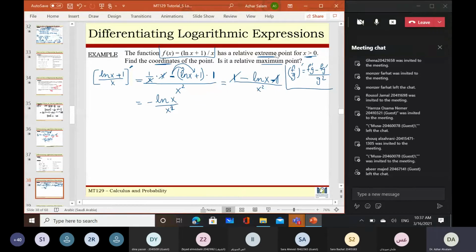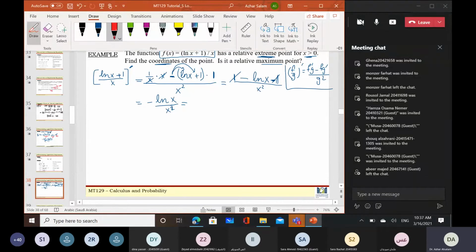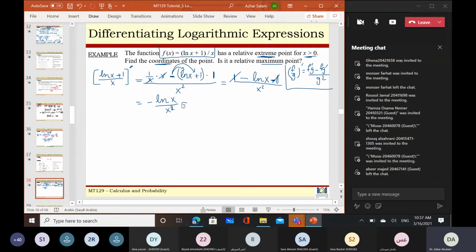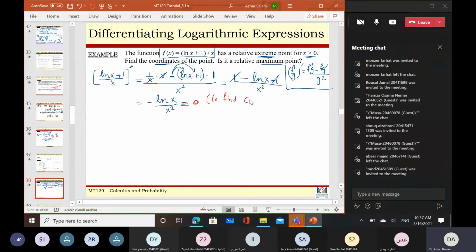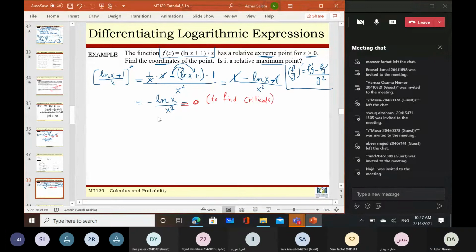To find the extreme point, I have to find the critical point. So here I will make the derivative equal to 0, to find the critical points, or stationary points.